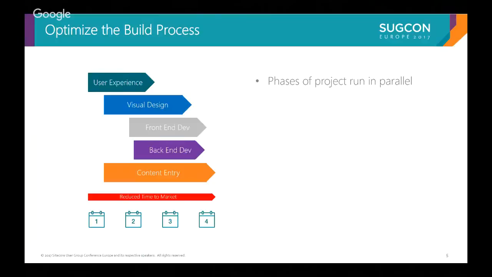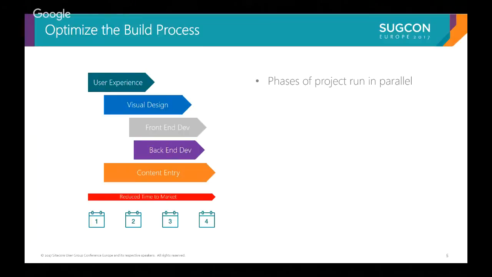But the most important part is content entry can start a whole lot sooner. As soon as you've got wireframes out there, they can start to enter actual content into the Sitecore content tree. They can put images in, they can put content in, anything like that.